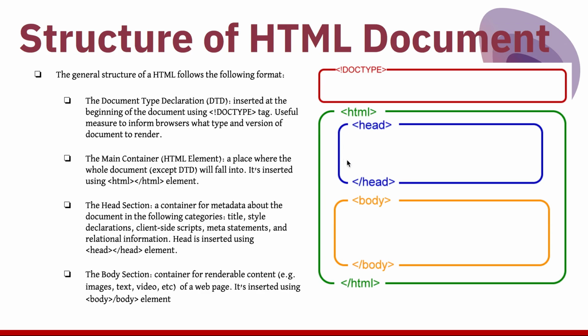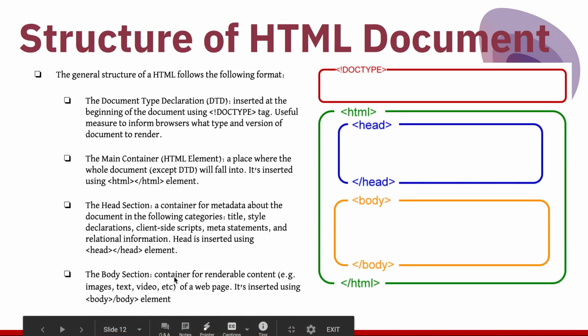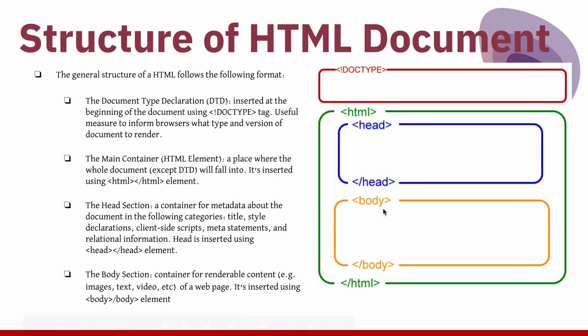That means the head is a child of HTML. And then you have the body section also, which is this orange container, also inside the HTML. So essentially, it is safe to say that the HTML container has two major children. These children are the head and then the body.